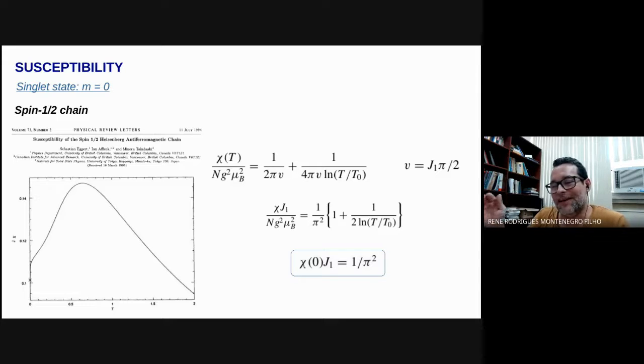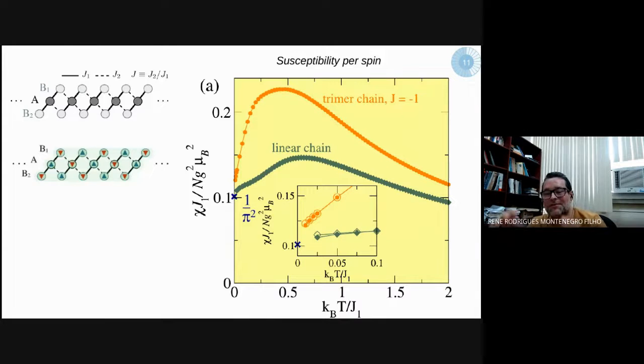We cannot go to very low values of the temperature, but our results point to a direction that corresponds to this behavior of the spin 1/2 chain.